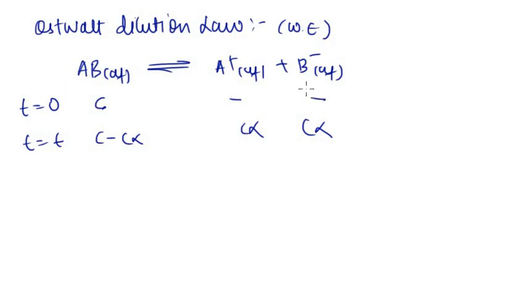So what is the ionization constant? Means they are ionizing, like in chemical equilibrium we have seen Ka and Kb already. Ka stands for acid dissociation, Kb stands for base dissociation, K forward, K backward.